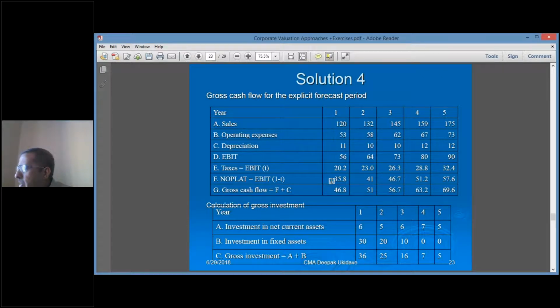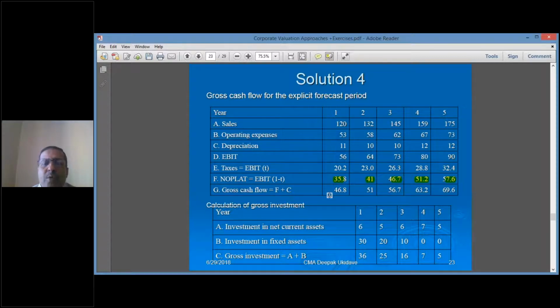NOPLAT is net operating profit left after tax, where L stands for left. EBIT into 1 minus T: 56 into 1 minus 36%, you get 35.8. Then you get 41, 46.7. Please confirm that you are getting these figures, 51.2, 57.6, what I have highlighted.